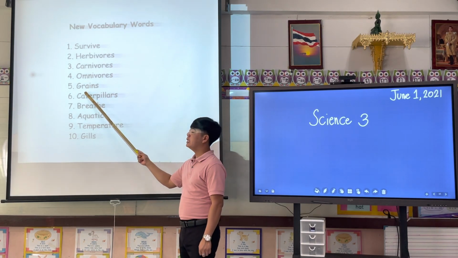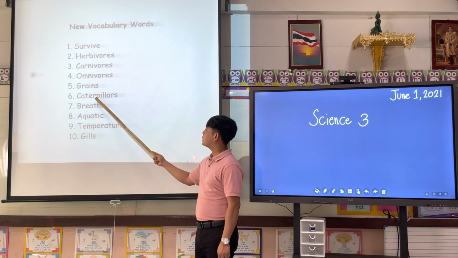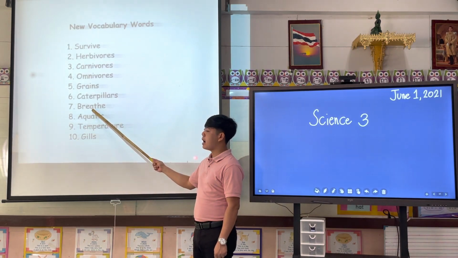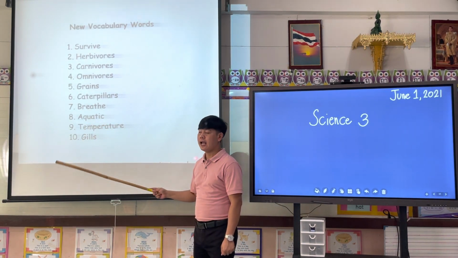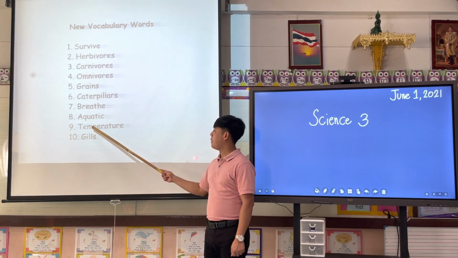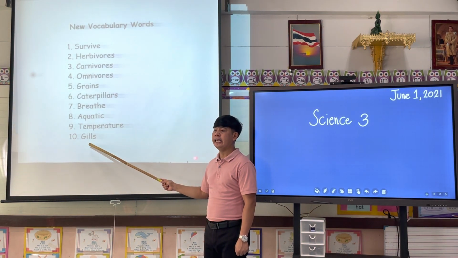Number 5, grains. Grains. Caterpillars. Caterpillars. Breath. Aquatic. Temperature. Then is gills.